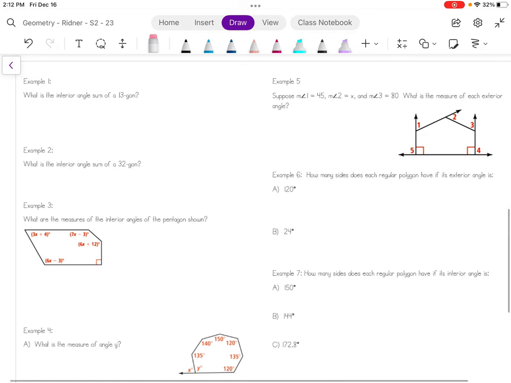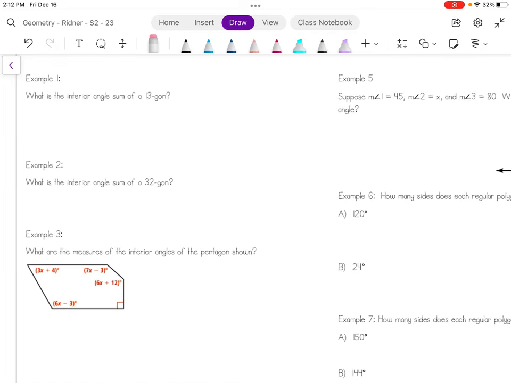Okay, so what is the interior angle sum of a 13-gon, meaning a polygon with 13 sides? So we're going to use that formula from the last video, the 180 times n minus 2, where n is the number of sides. In this particular example, we have 13 sides.